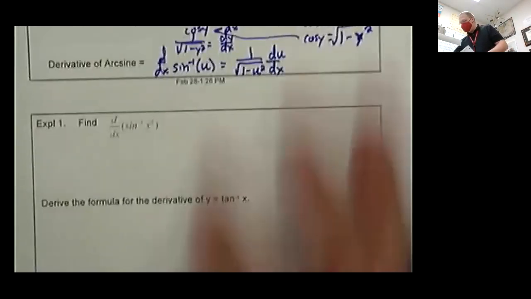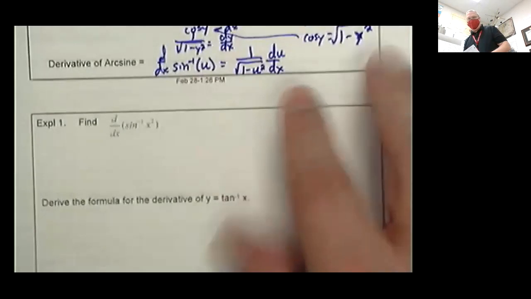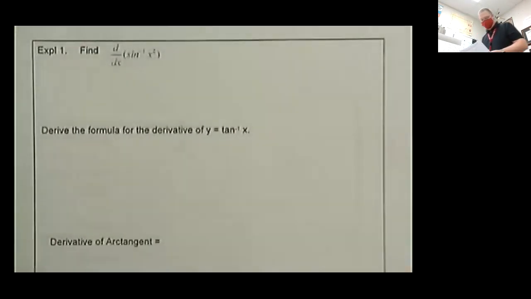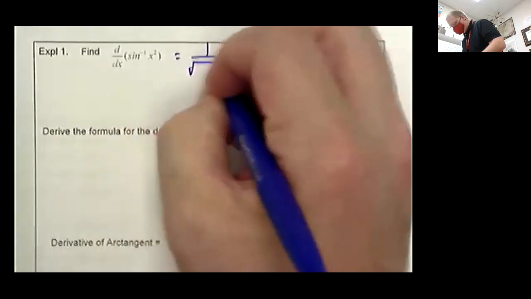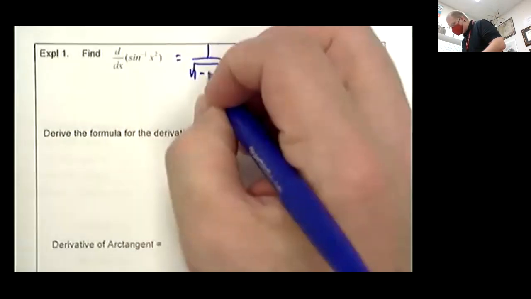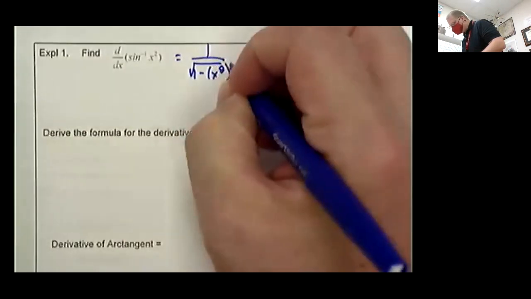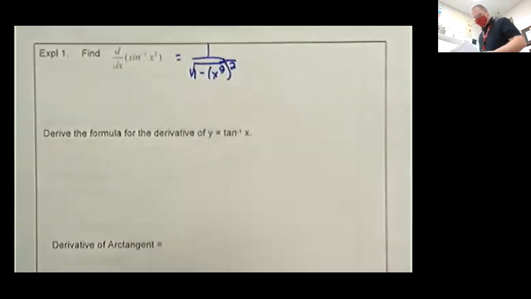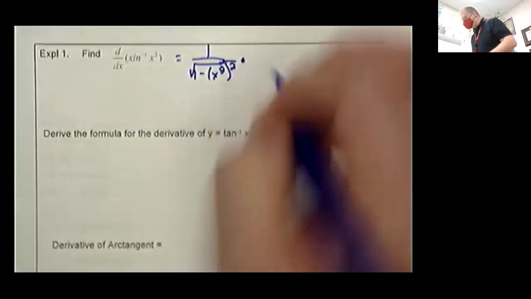So let's look at an example of that. We're also going to add these to our derivative note cards. We want the derivative of sine inverse of x squared. For that, we're simply going to use our formula. So this is 1 over the square root of 1 minus the argument, x squared, quantity squared, all inside the square root, times du/dx.